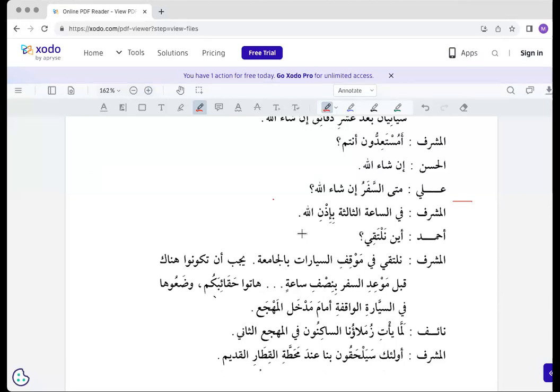Okay, يجب أن تكون هناك. It is compulsory for you to stay there, right? قبل موعد السفر بنصف ساعة. Before half an hour of the appointed time of the travel, right? Good.